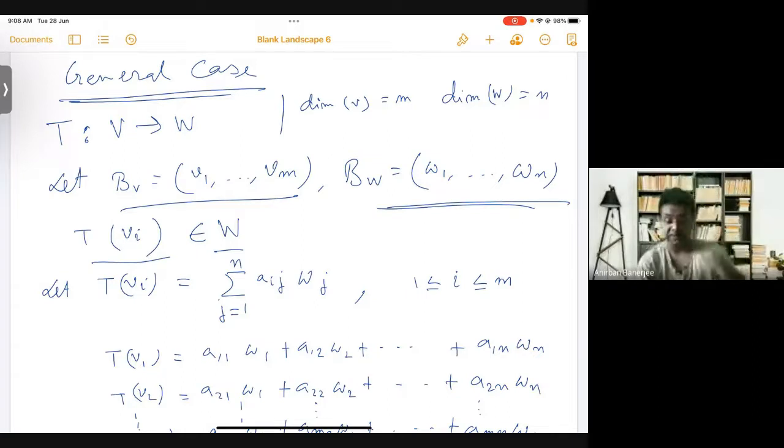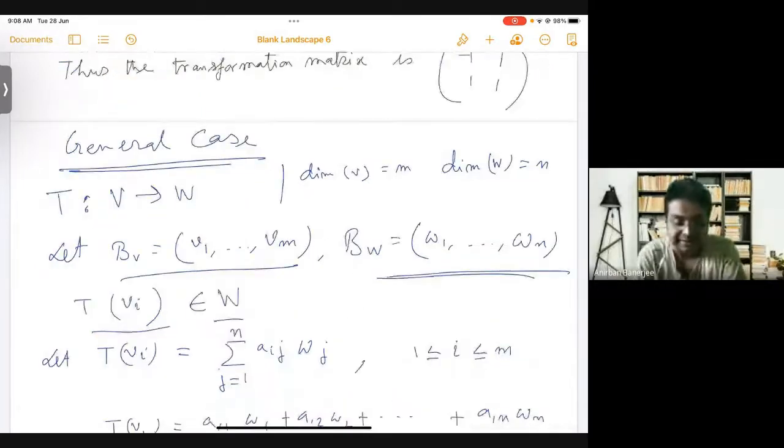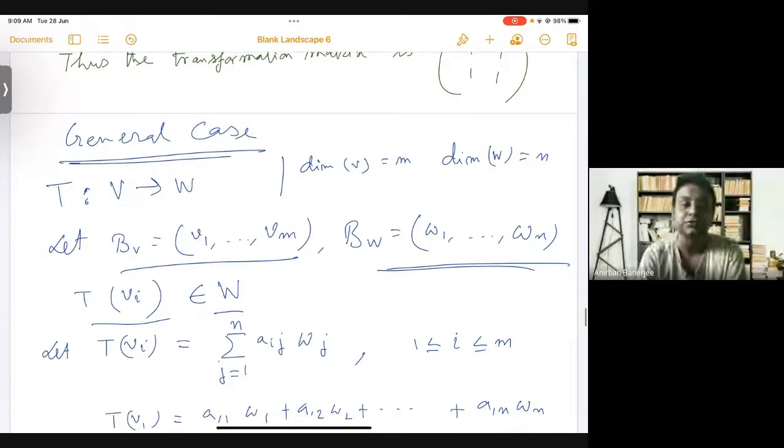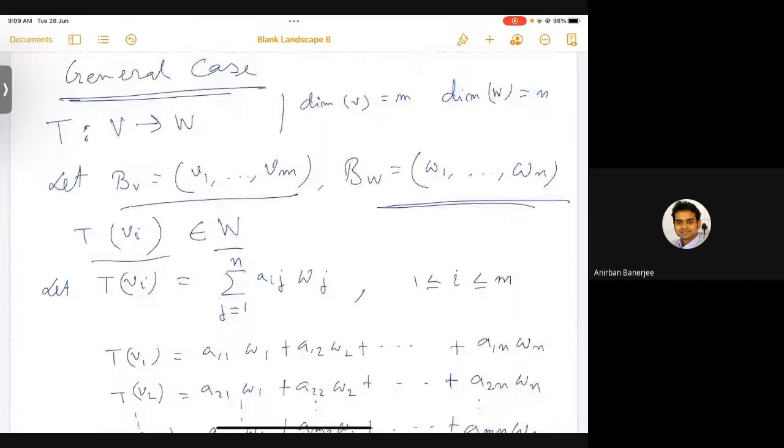To do that, the important part is that V1, V2, up to Vn are the given basis vectors. The coordinates of these vectors are usually given for the standard coordinate system, and also the same for W1, W2, and so on. Now we want to see, if we have a formula for the linear transformation T, where do these V1, V2, up to Vn go?